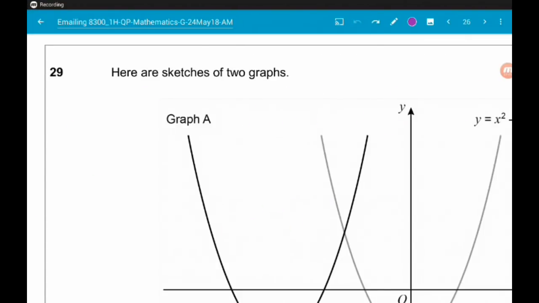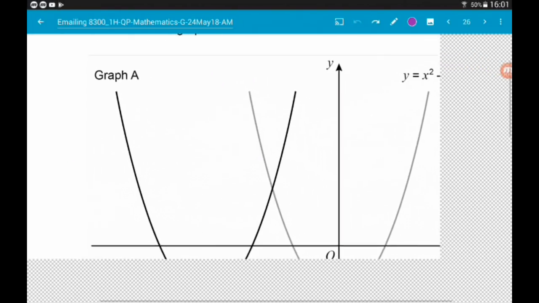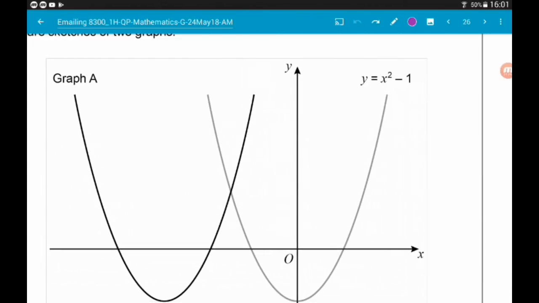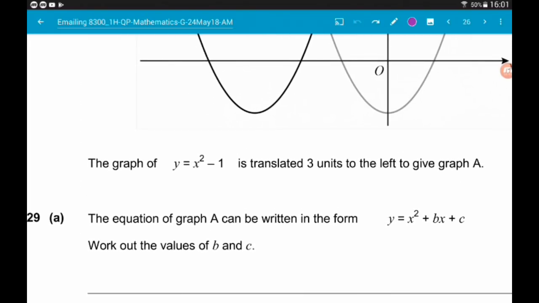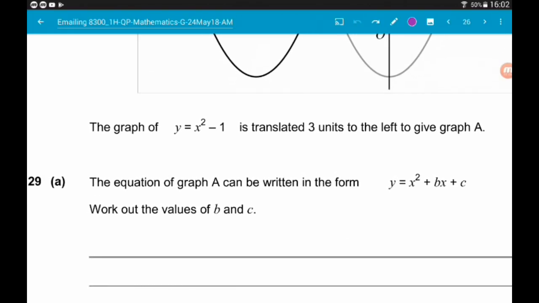Question 29, we got two graphs. We got graph A and the graph of y equals x squared minus 1. Now we are told the graph of y equals x squared minus 1 is translated 3 units to the left to give graph A. The equation of graph A can be written in the form y equals x squared plus bx plus c.